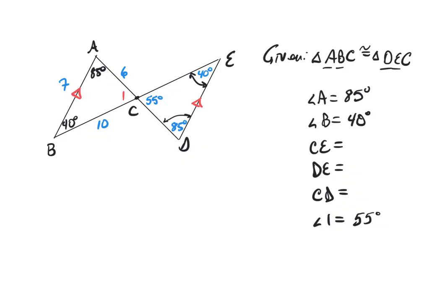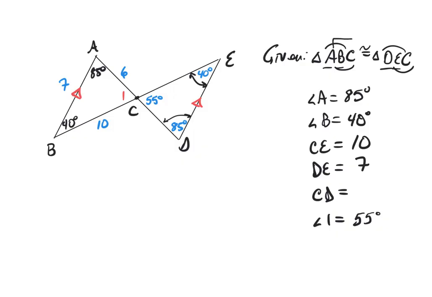And then just going through the sides in a similar way, since I tell you that AB is 7 units long, and AB is the first two letters in the other triangle, DE, must also be 7 units long. Since in the triangle to the left I tell you that BC is 10 units long, B and C are the second and third letter. The second and third letter in the other triangle, E and C, has to be 10 units long. And then just finishing off the thought, AC has to be 6 long.